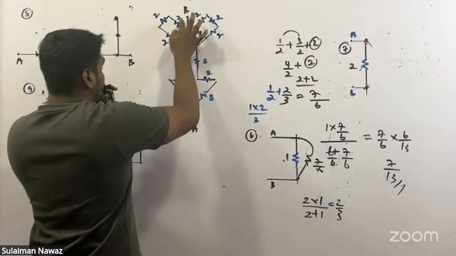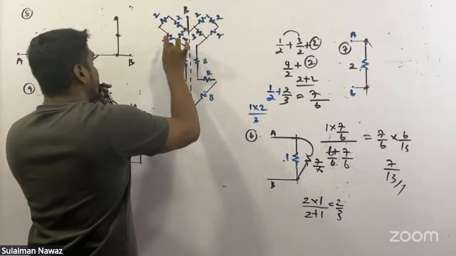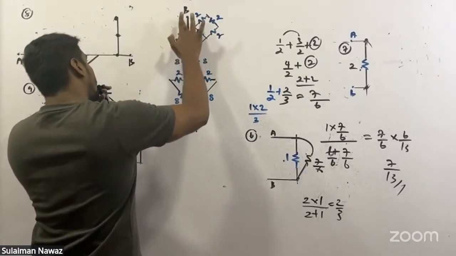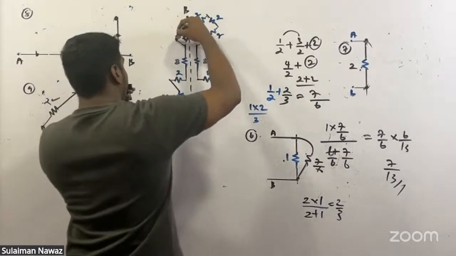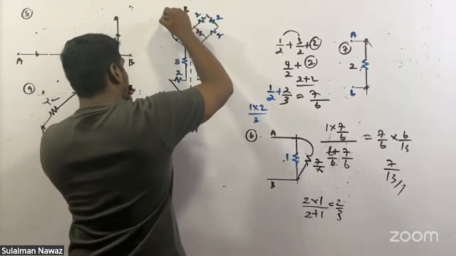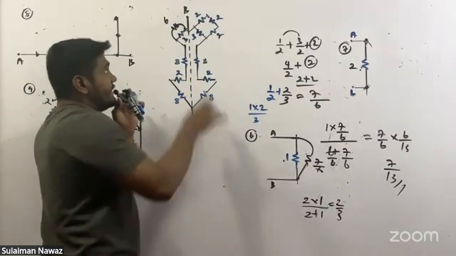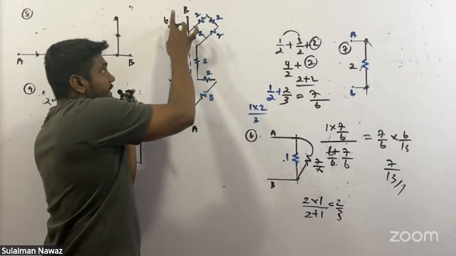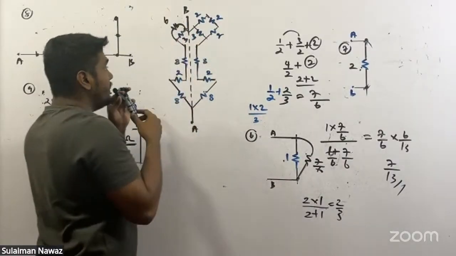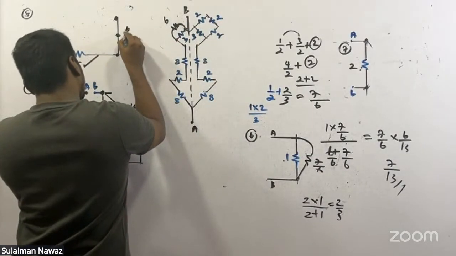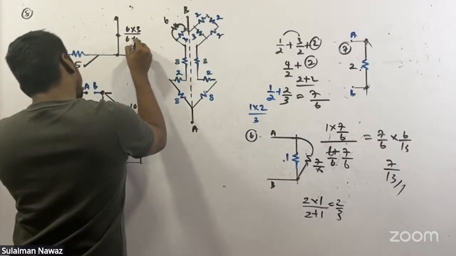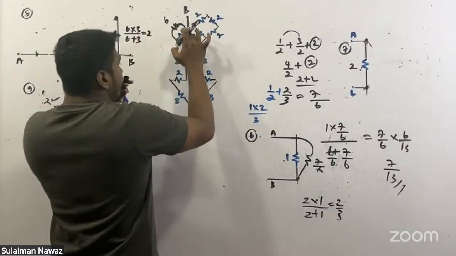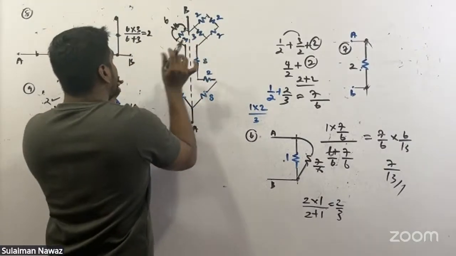Equivalent of these three going to be 6 ohms. When you consider 6 and 3 ohms, between those 2 points, these two are in parallel. Equivalent is 6 into 3 over 6 plus 3, that means 18 over 9, that means 2 ohms. The equivalent resistance between these 2 points is going to be 2 ohms.